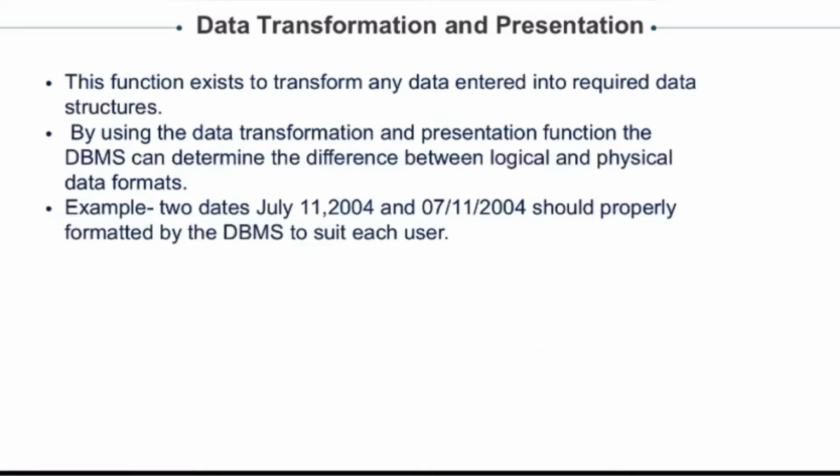Next is data transformation and presentation. The DBMS transform entered data to conform to the data structure that are required to store the data. Therefore, the DBMS relies on making a distinction between the data logical formats and the data physical format.